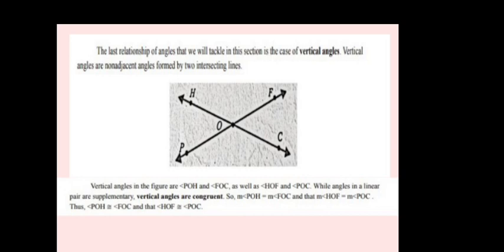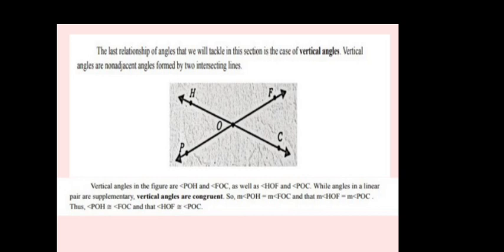Vertical angles are non-adjacent angles formed by two intersecting lines. Vertical angles in the figure are angle POH and FOC, as well as angle HOF and angle POC, while angles in a linear pair are supplementary. Vertical angles are congruent.